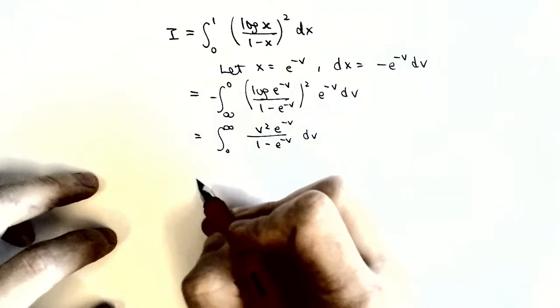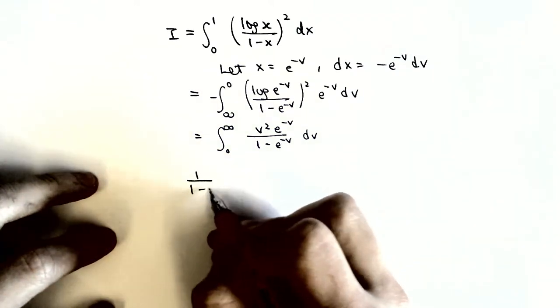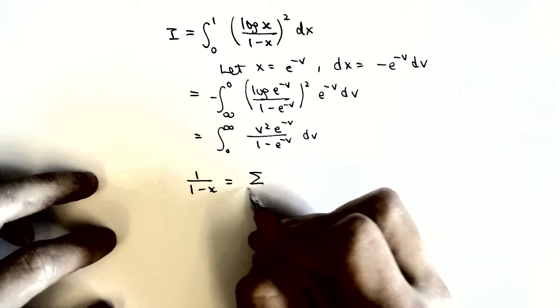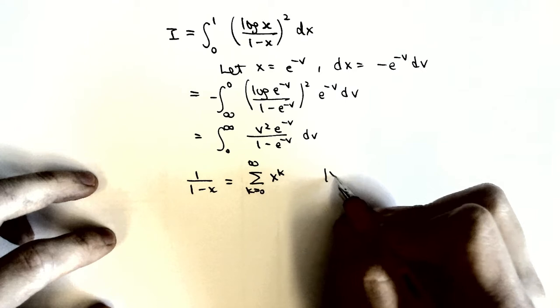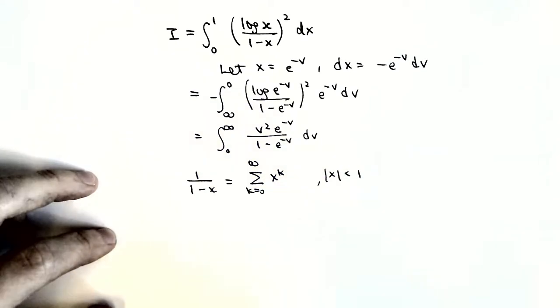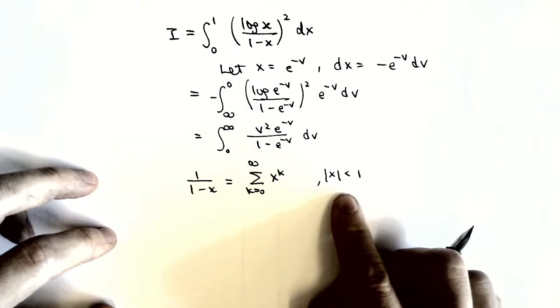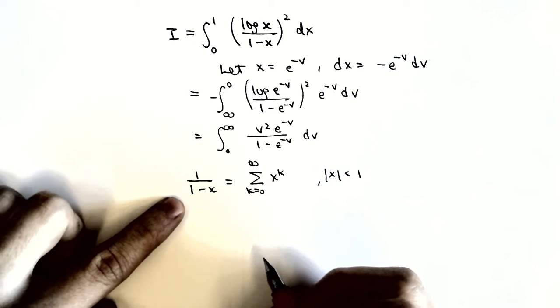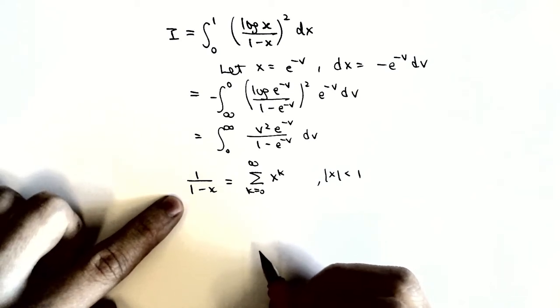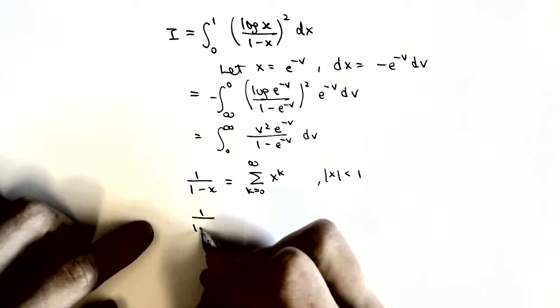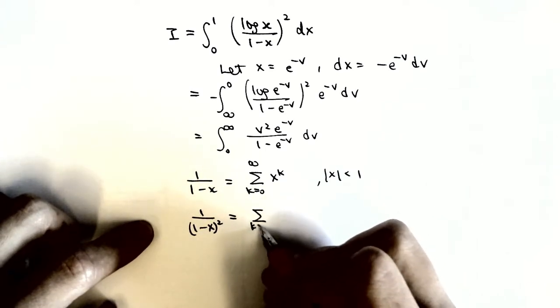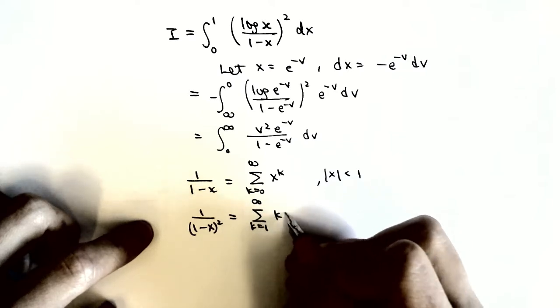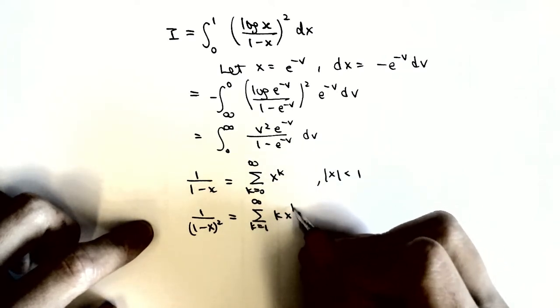We notice that for a simple geometric series, we know the sum is 1 over 1 minus x, which is the sum of x to the power of k, when the radius of convergence is 1. And then we perform differentiation on this infinite series. So what we have will become 1 over (1 minus x) squared, equals the sum with k from 1 to infinity of k times x to the power of k minus 1.